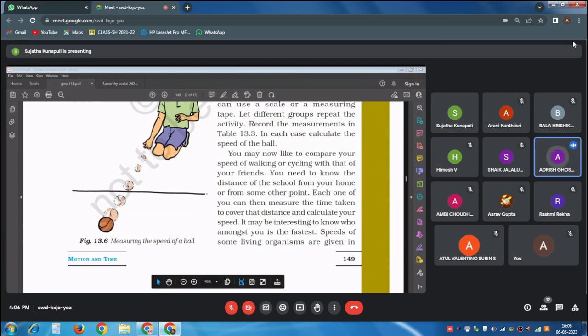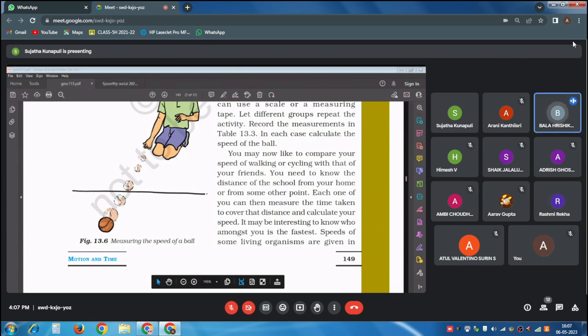Ma'am, I think that friction always tries to absorb energy. So when we throw the ball with more energy, friction will take more time to absorb the energy, so the ball will travel more distance. Yes.